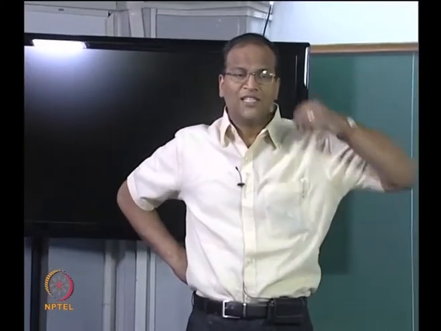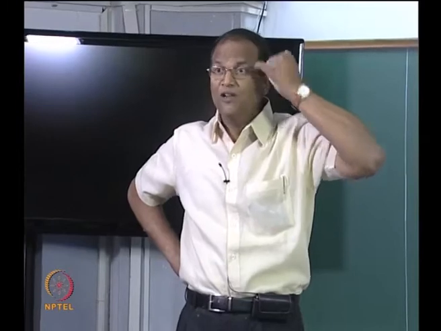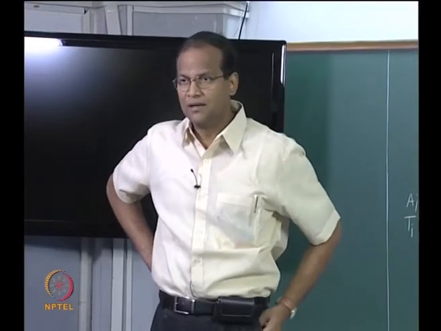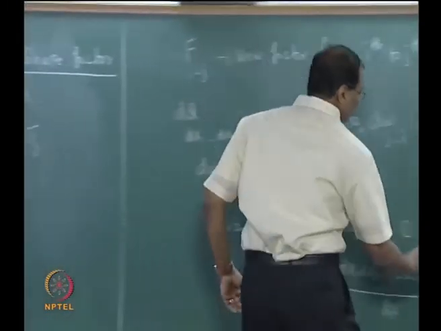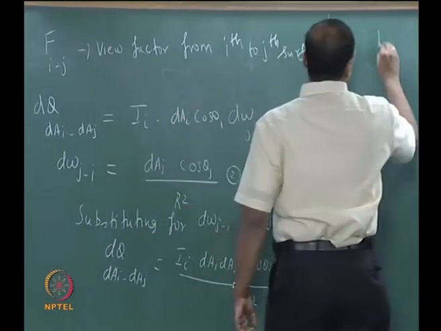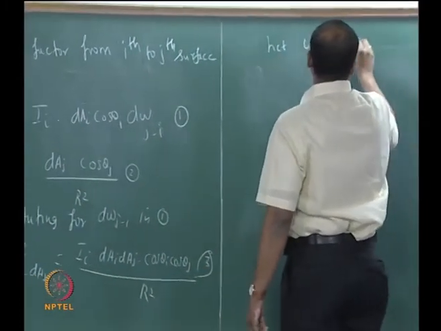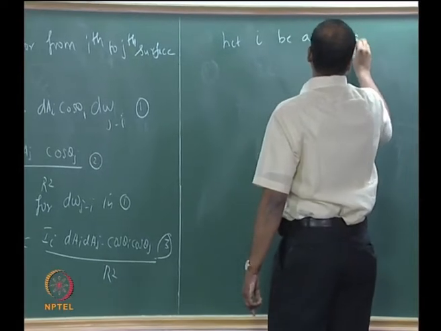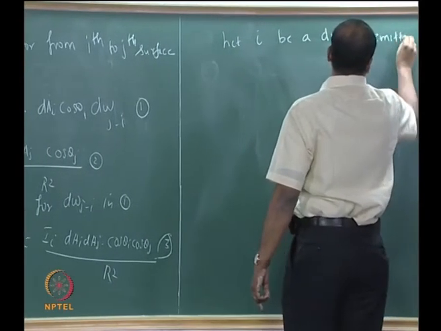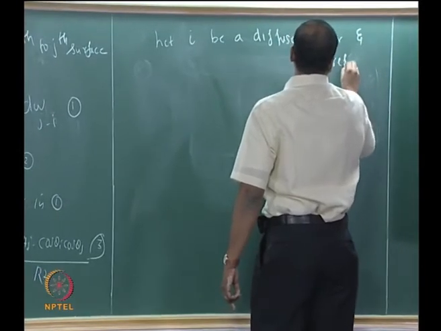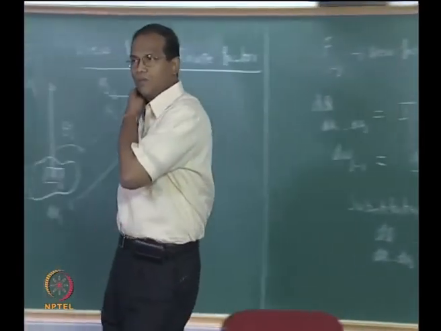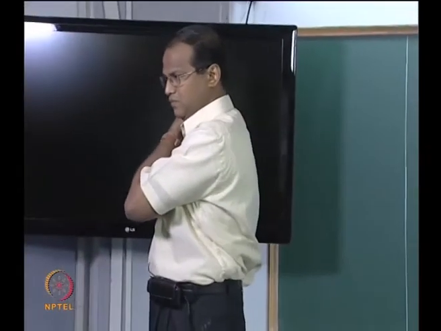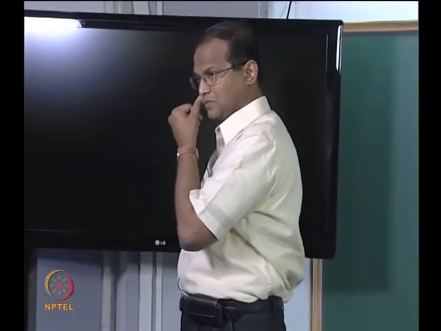Now we consider i to be a diffuse emitter and diffuse reflector, that means it does not have a directional preference. Let us call this equation 3.